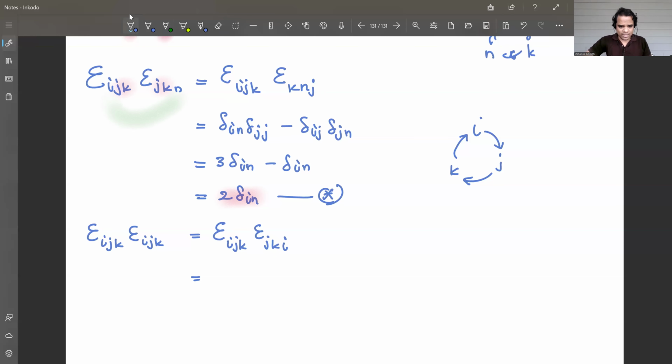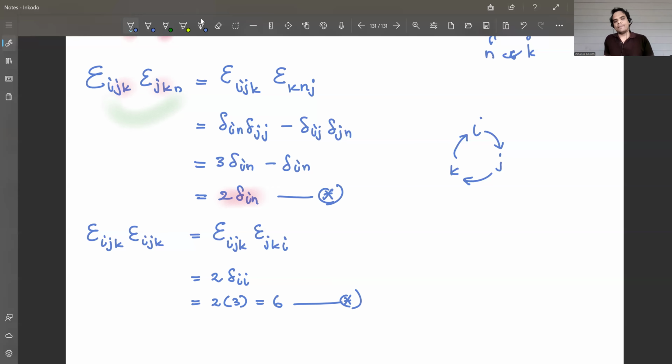If I apply the previous one, I get 2 into delta II. But we already discussed that delta II equals 3, so now we will get 6.